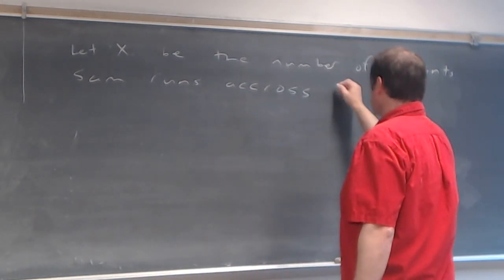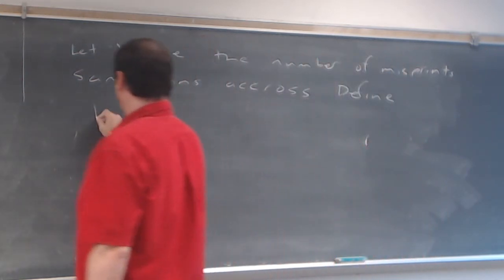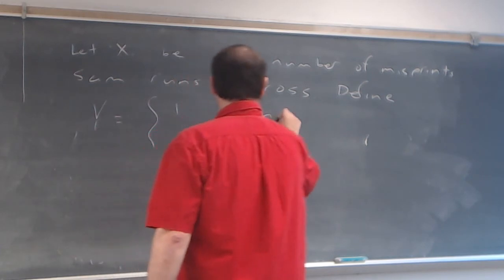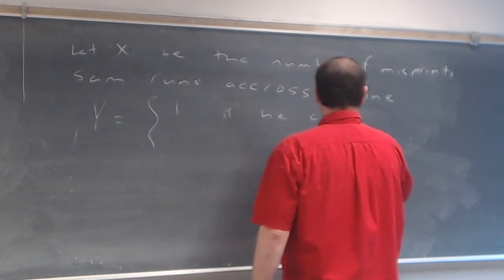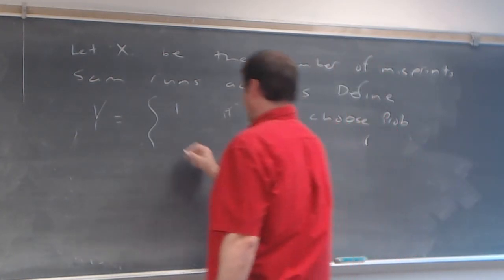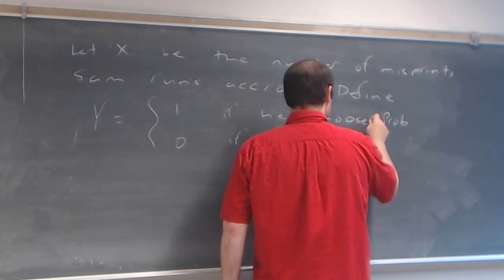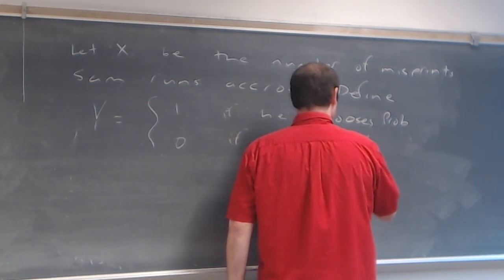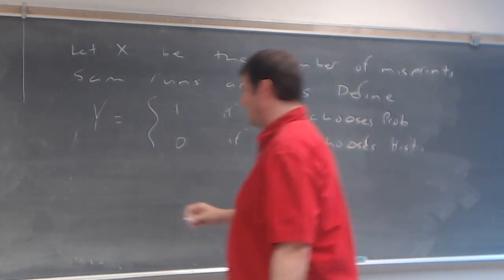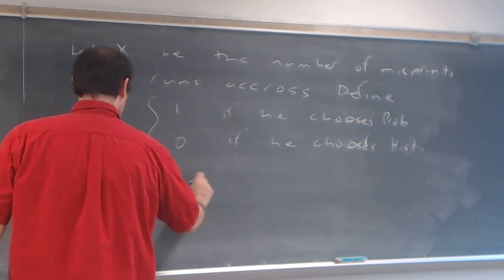And then define y, a random variable, to be equal to 1 if he chooses the probability book, and 0 if he chooses the history book. Then the question is really the expected value of x. What do we have? What's that?